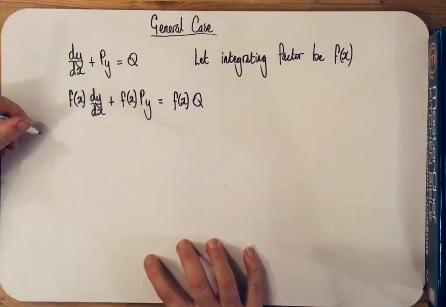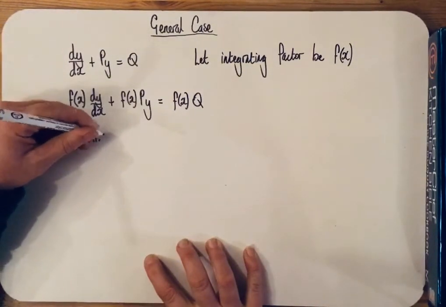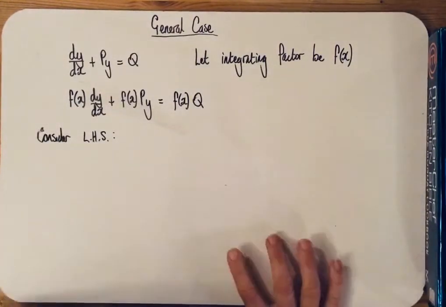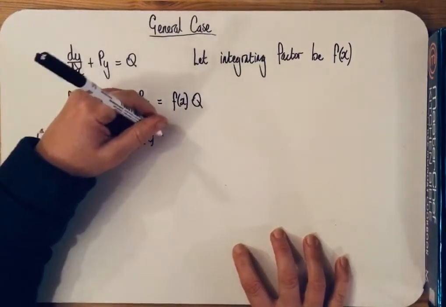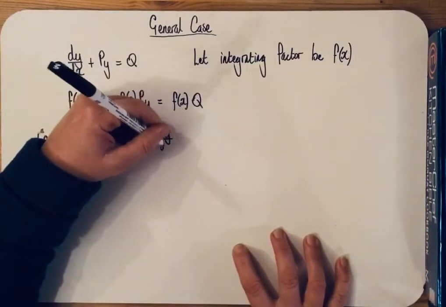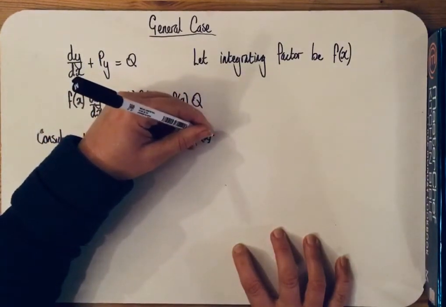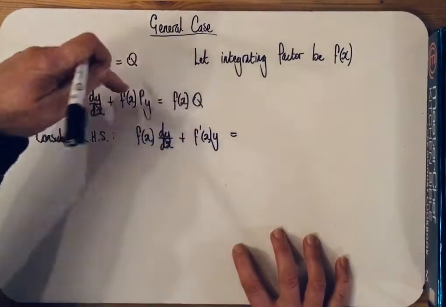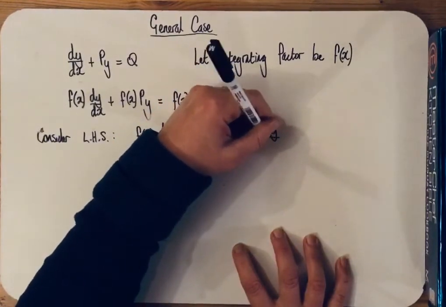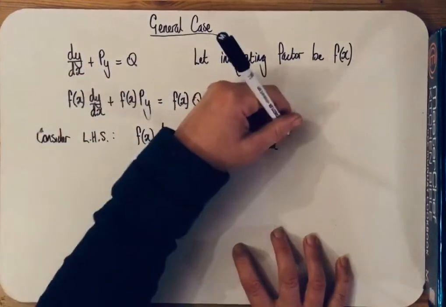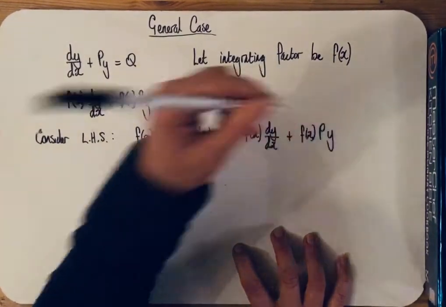And so considering the left-hand side, it's called being exact. If you see that in a book, that's what that is. So we need f(x) dy/dx plus f(x) differentiated times y to equal this lot here, so it's f(x) dy/dx plus f(x) times P times y.